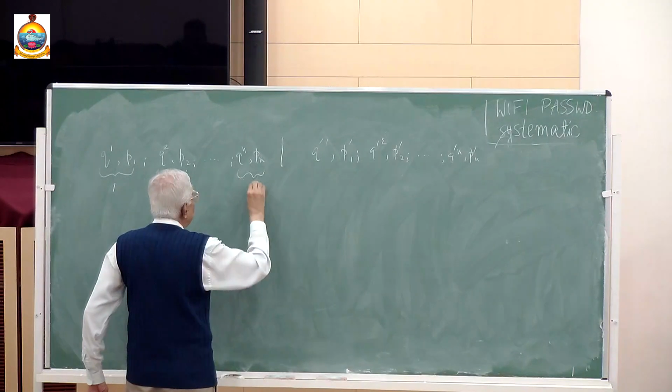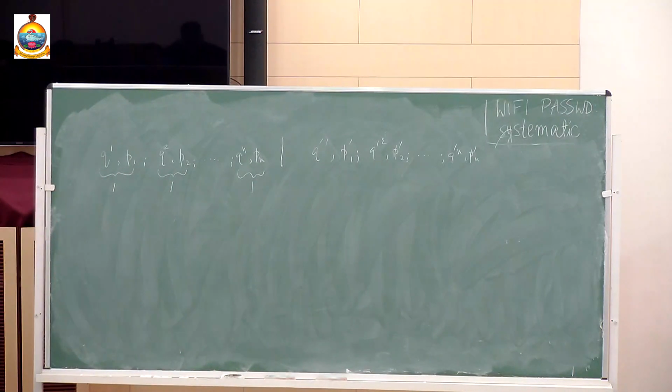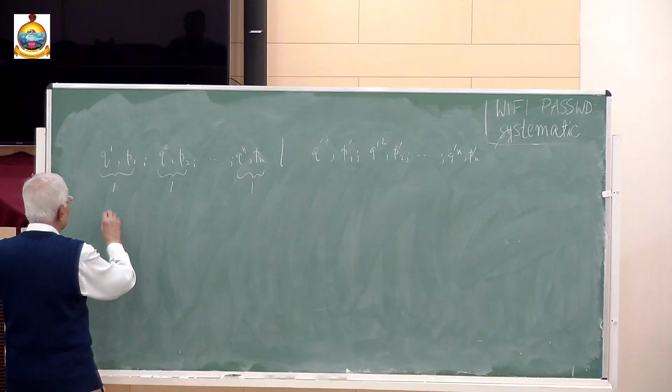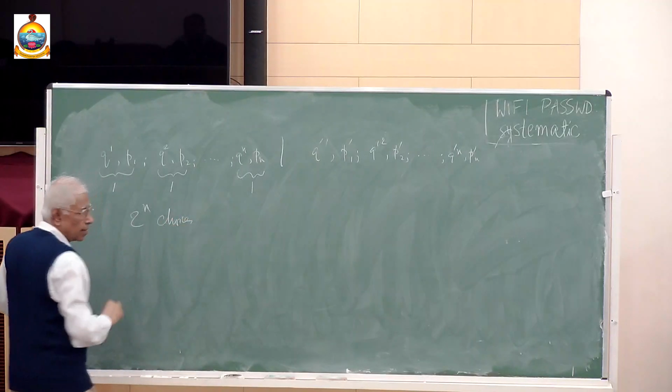That means out of each old pair, choose either its q or its p as you wish. All right. How many choices do we end up with? 2 to the power n. The same 2 to the n which appeared in Feller's calculation. 2 to the power n choices possible.